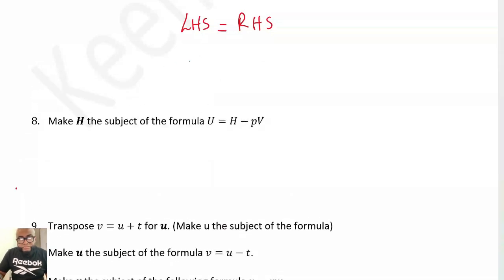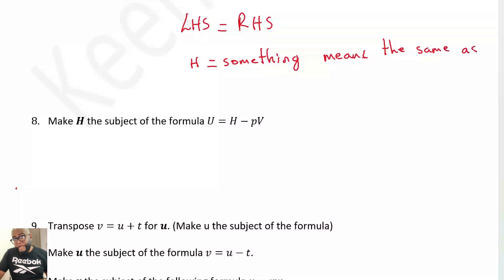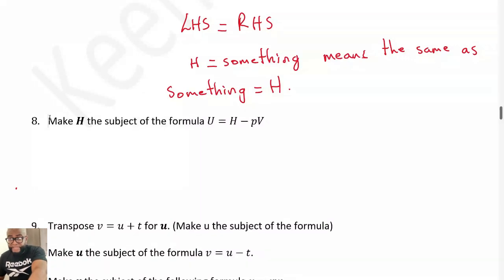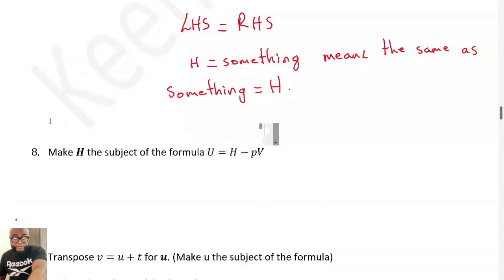So if I have H is equal to something, it means the same as something is equal to H. But to make H the subject of the formula, I want H on one side of the equal sign by itself, right? So let me write that down too.